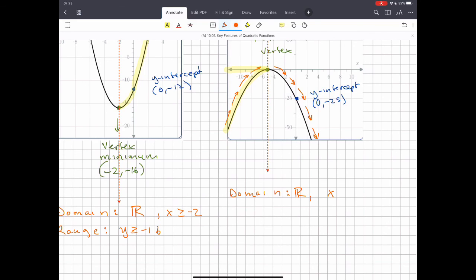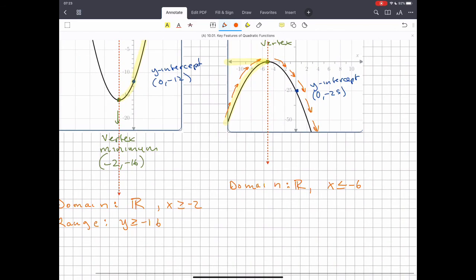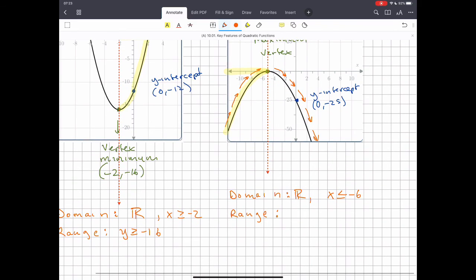So we would say x is less than or equal to -6. The range of the entire graph, well, we have a maximum of 0, so the range here would be y is less than or equal to 0.